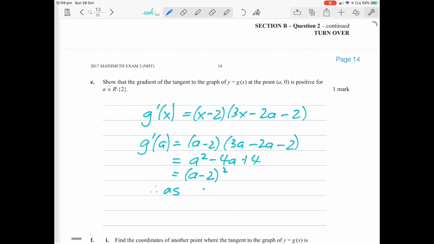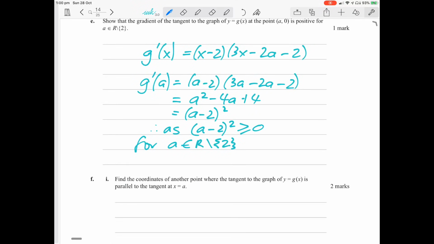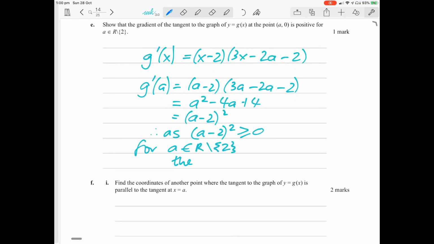Therefore, as (a - 2) squared is greater than or equal to 0, for a an element of all real numbers except for 2, the gradient g dash of a is greater than 0, for a an element of all reals except for 2.